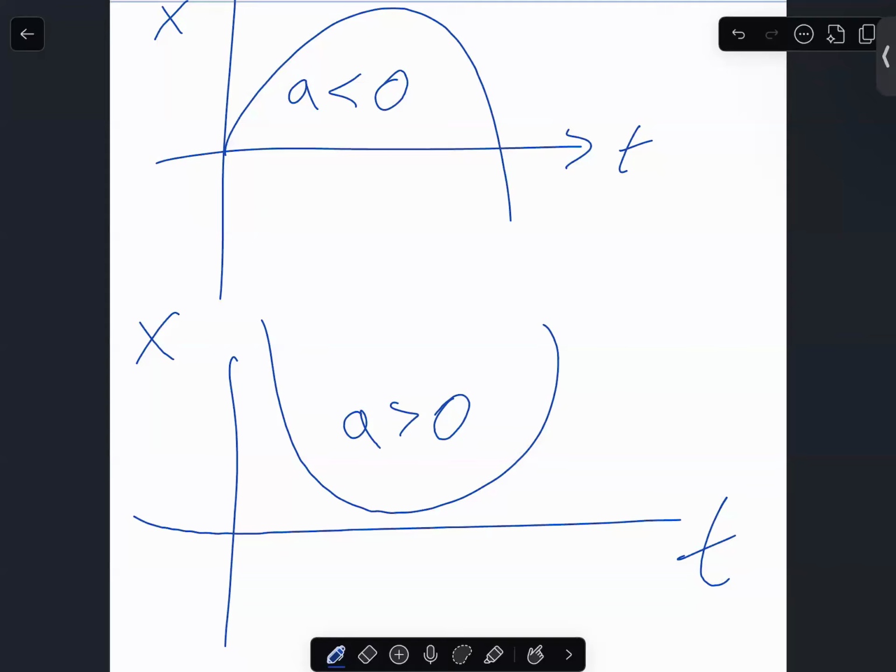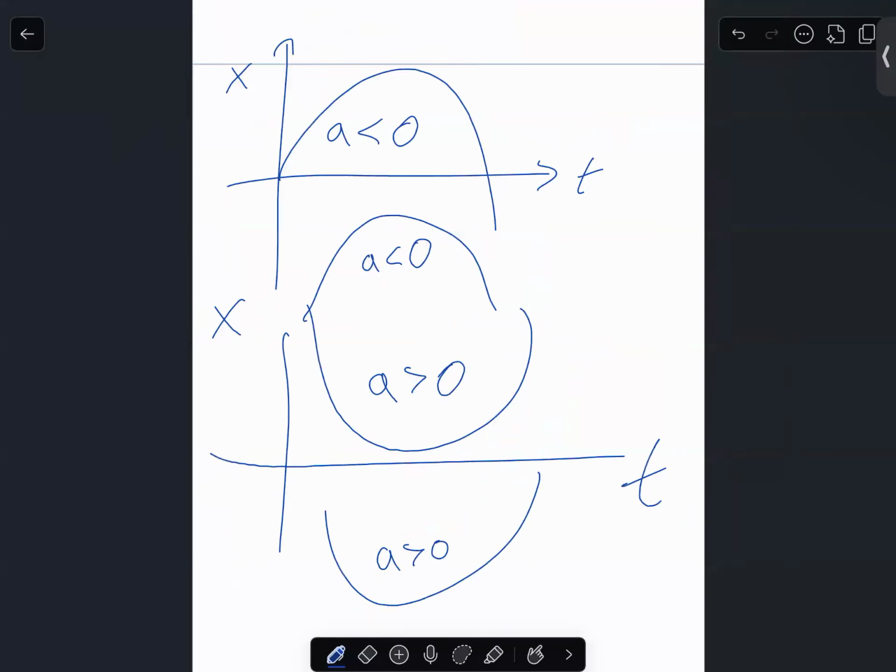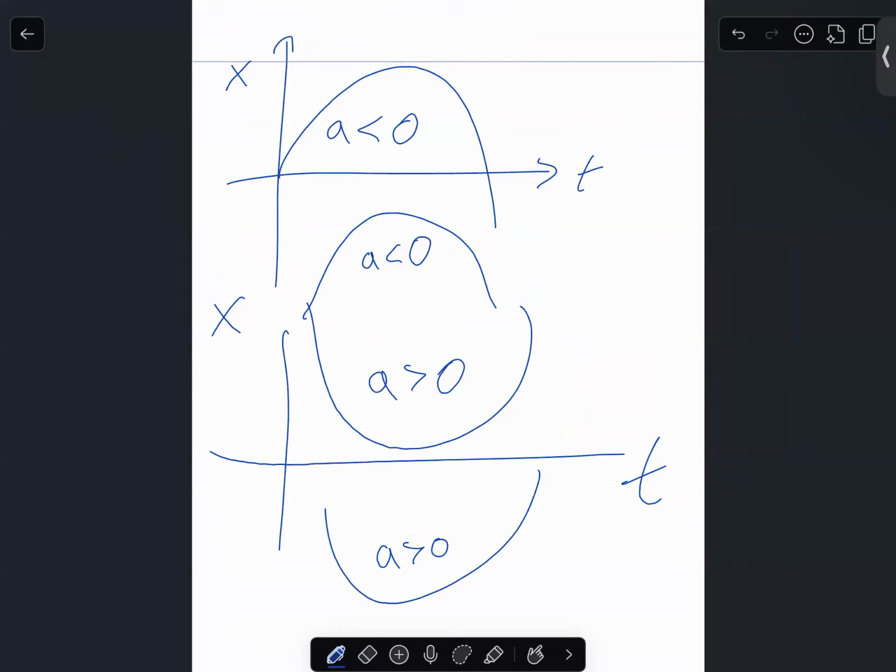No, he's speeding up, right? The slope is getting intenser. The velocity is getting intenser negative. The height does not affect the curvature one bit.